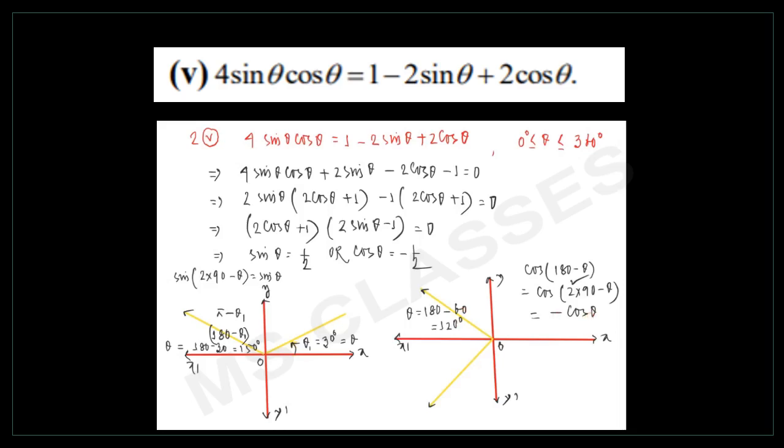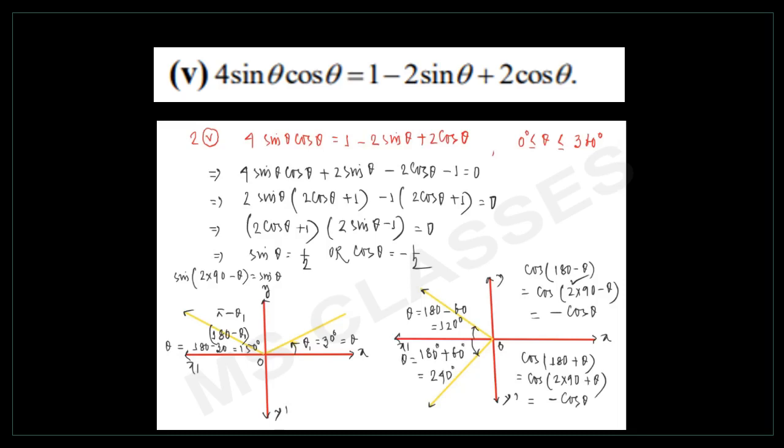Now we come to the third quadrant. Again, children, cos of 180 plus theta will be cos of 2 into 90 plus theta. Now 2 means cos will be cos, third quadrant means minus, so minus cos theta. Now in the third quadrant, this will be 180 plus 60, so theta equals 180 plus 60, that will be 240.